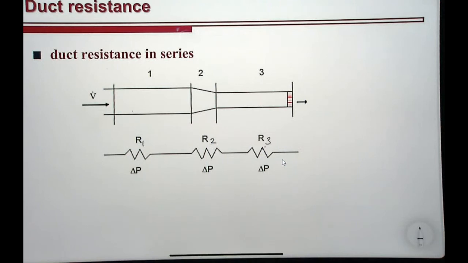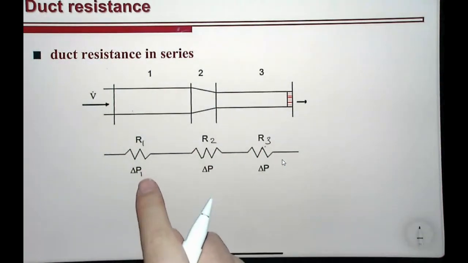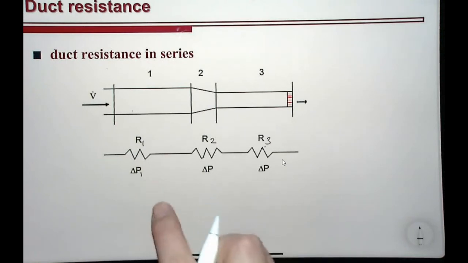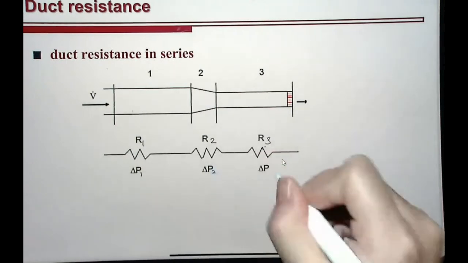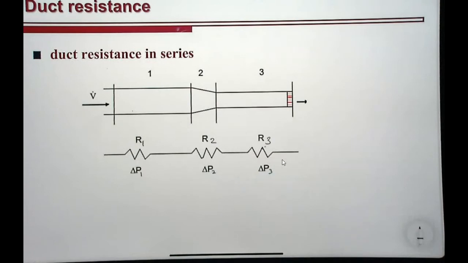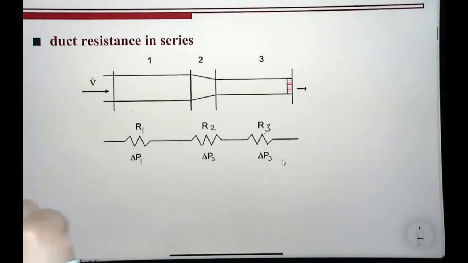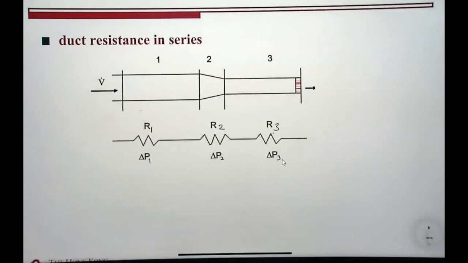We have delta P total 1, but for simplification I'm going to just write delta P1, delta P2, and delta P3. We can make an analogy of the duct resistance with thermal resistance and electrical resistance.